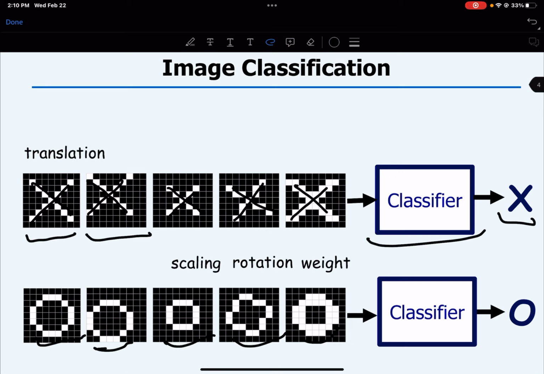So we have different versions, and in both cases our classifier has to determine the classification, either X or O.